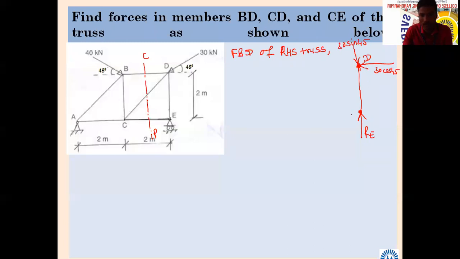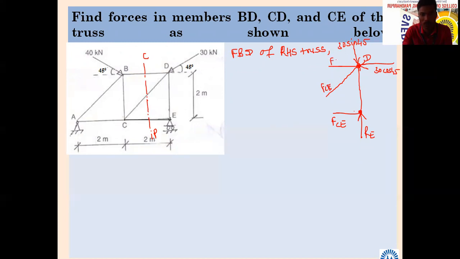And here CE. So here there will be force CE. I have not assumed the direction yet. Here there is another force, FCE.